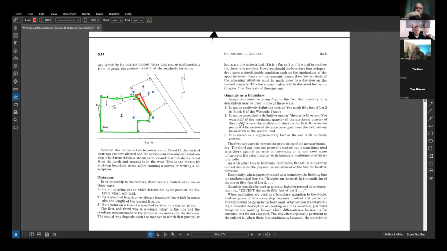And there's one of four things that can happen in that. One is that the bearing and distances will coincide perfectly with the adjoining property.